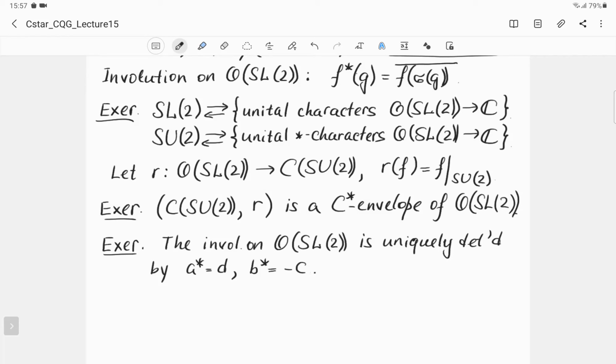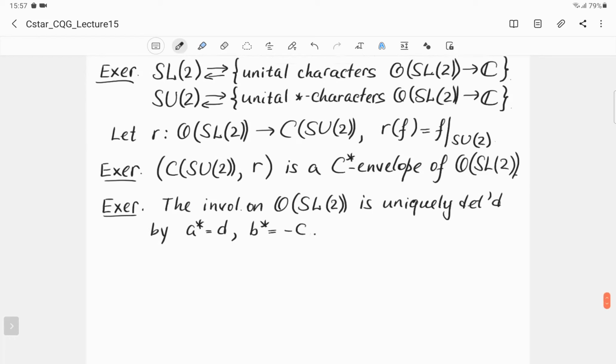Okay, so this was the motivation. So far, we discussed the commutative situation.